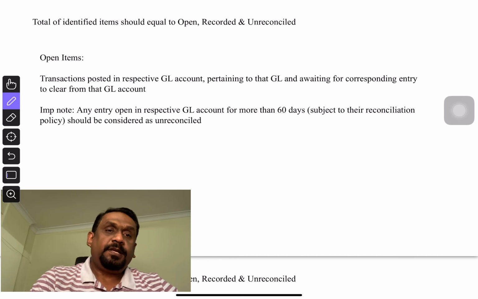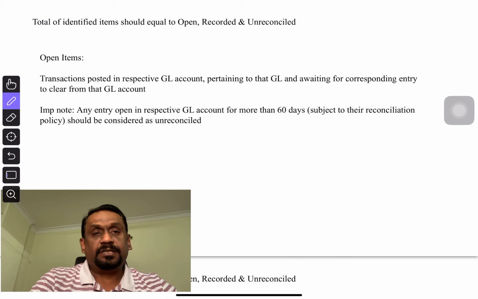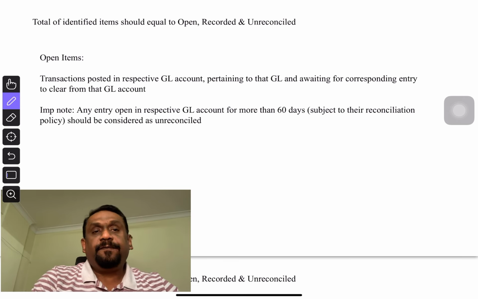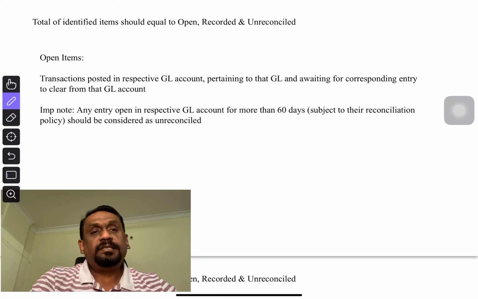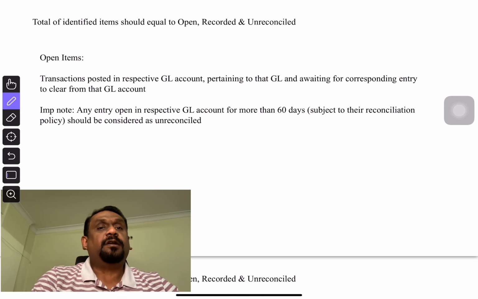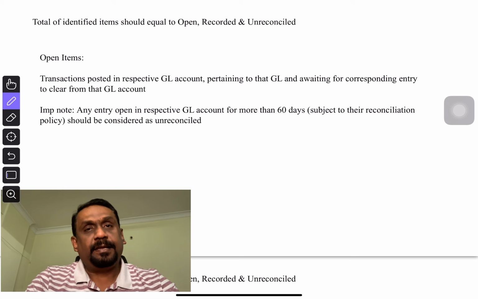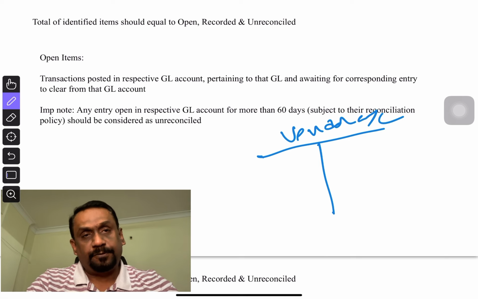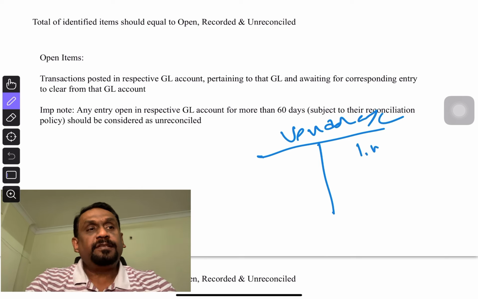When you are performing a reconciliation, you take any reconciliation for that matter. You can go to a supplier account, or customer accounts, or any other general ledger accounts or intercompany accounts. You identify some of the transactions posted but not cleared in the system. For example, if I take a supplier account, a vendor account, there is an opening balance of 1000.